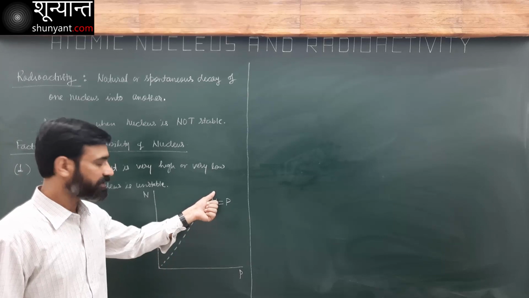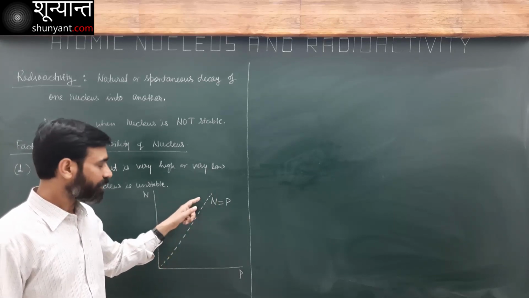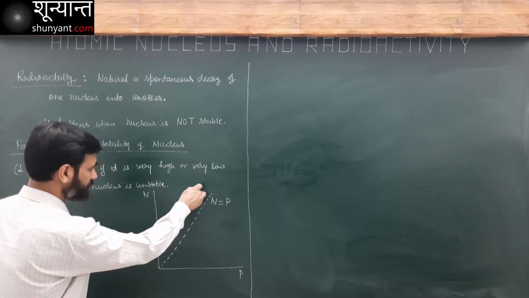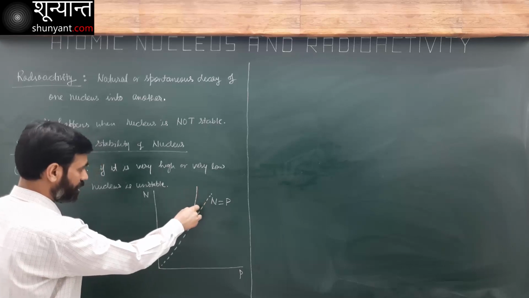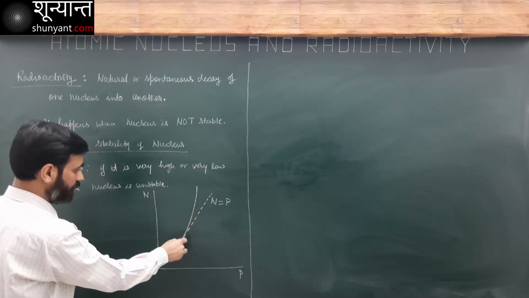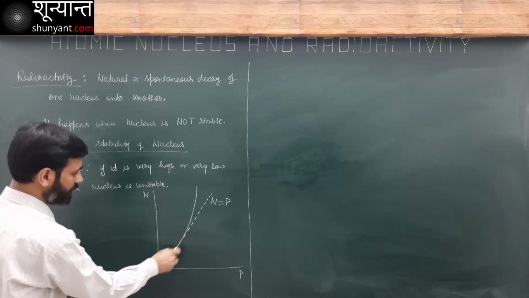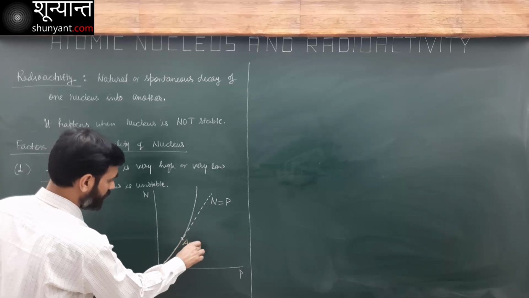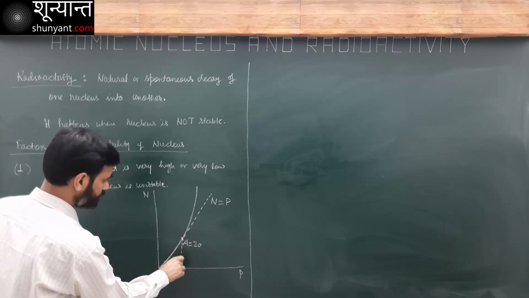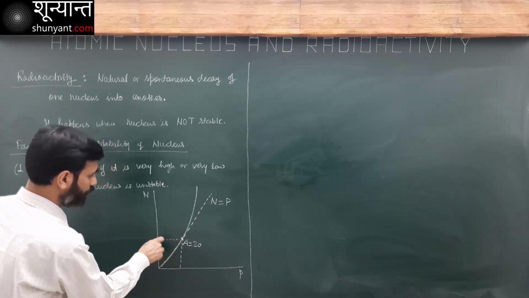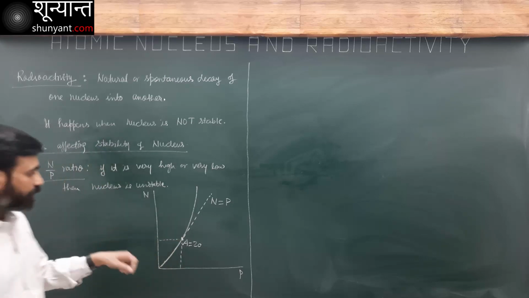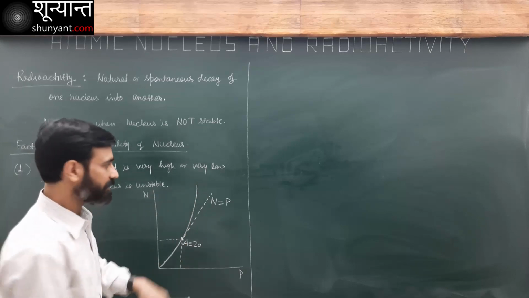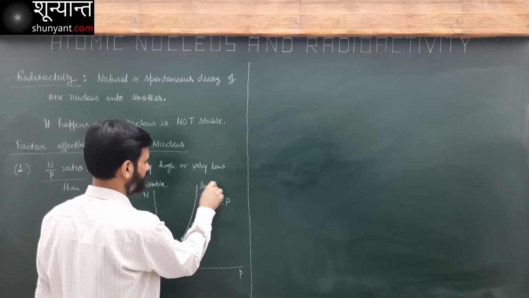This is our dotted line, but this is not the line of stability. The line of stability goes something like this. This point here is A equal to 20. So this solid line represents the line of stability.